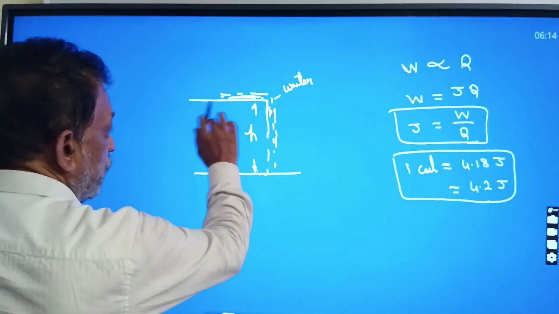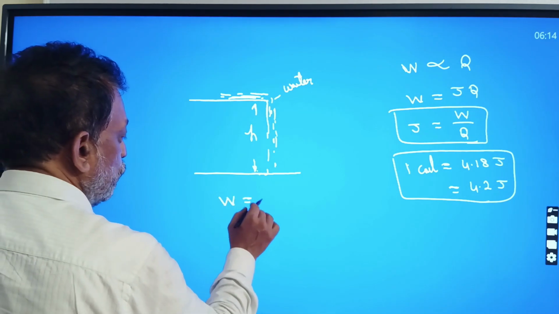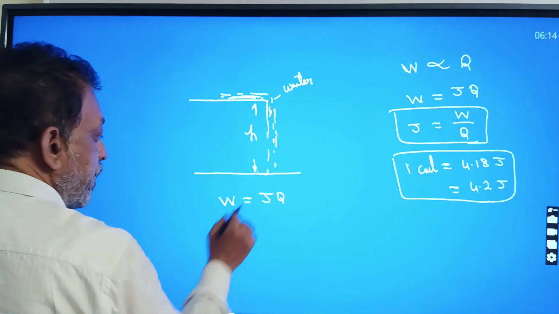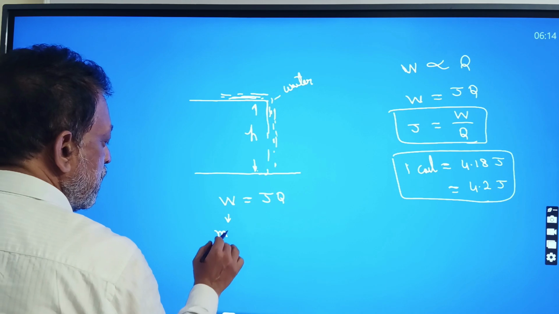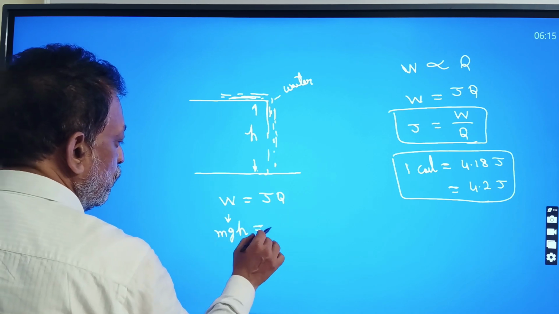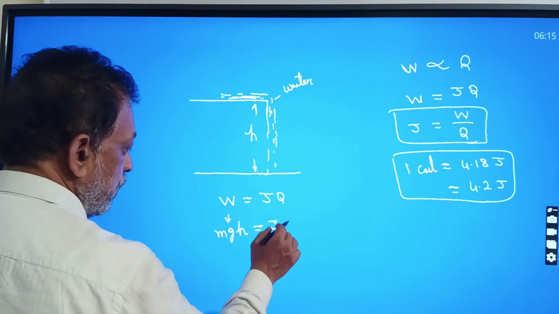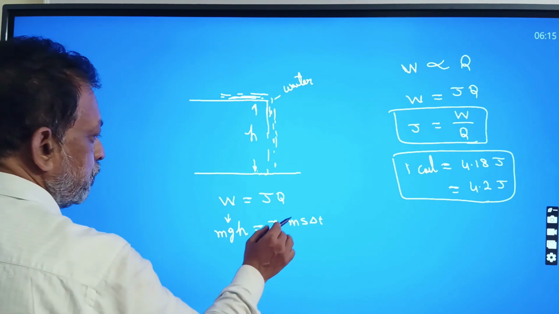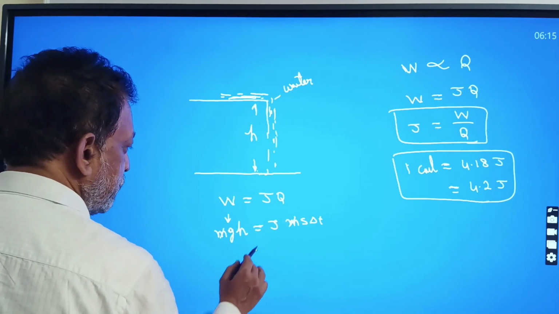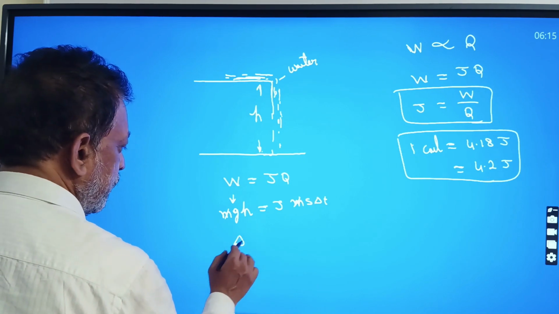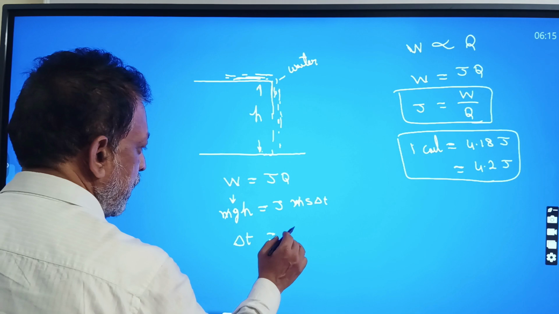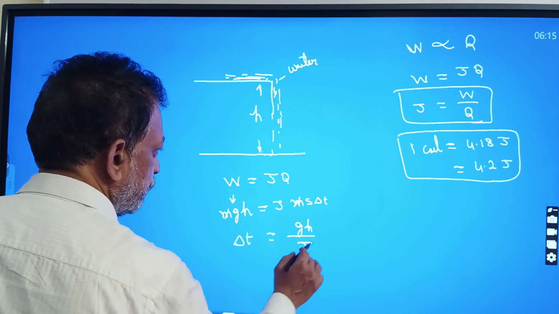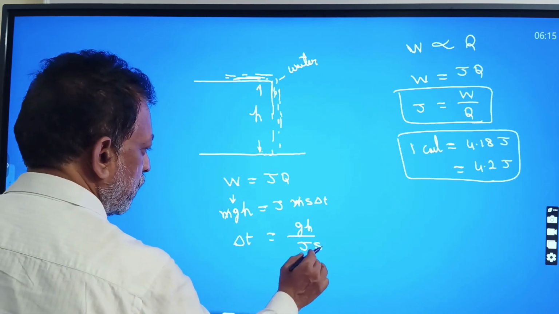Now the work done is equal to JQ. What is the work done? Potential energy mgh is equal to J times Q, where Q is mass into specific heat into delta T. The mass cancels. The rise in temperature delta T is equal to gh by J. J is the specific heat of water.